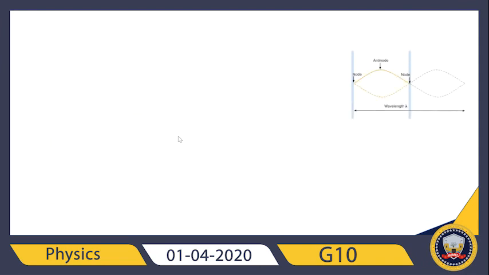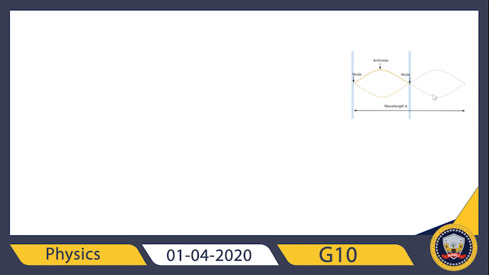So now let's see, if we have two waves, like in this figure, of the same amplitude, the same frequency, and the same wavelength, traveling in opposite directions and interfering together, what happens?